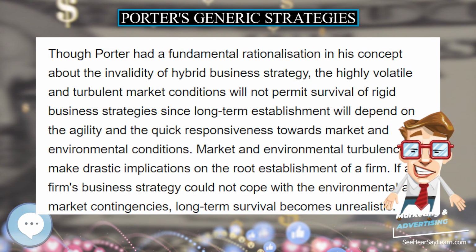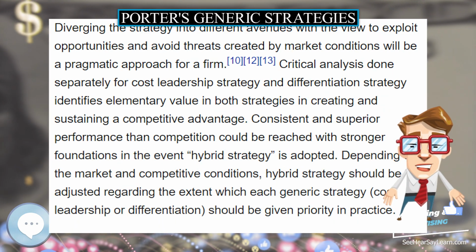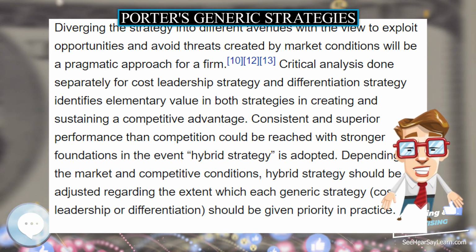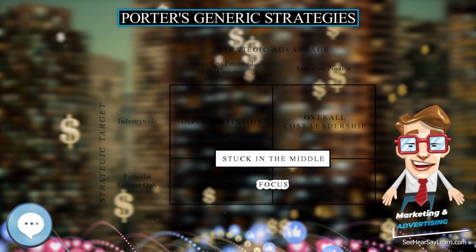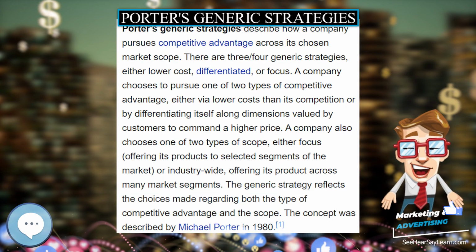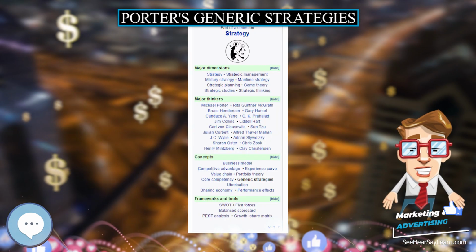Though Porter had a fundamental rationalization in his concept about the invalidity of hybrid business strategy, the highly volatile and turbulent market conditions will not permit survival of rigid business strategies, since long-term establishment will depend on the agility and the quick responsiveness towards market and environmental conditions.